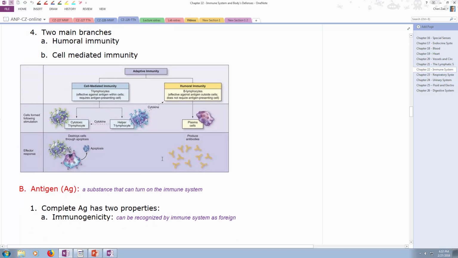So let's take a look at the two branches of the immune system that are very important for overall health of the immune system. We have humoral immunity and cell-mediated immunity. So humoral immunity is antibody mediated. These are proteins.